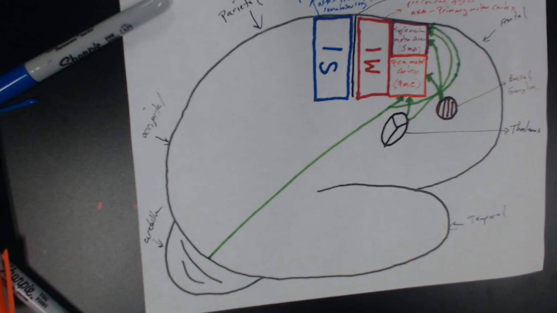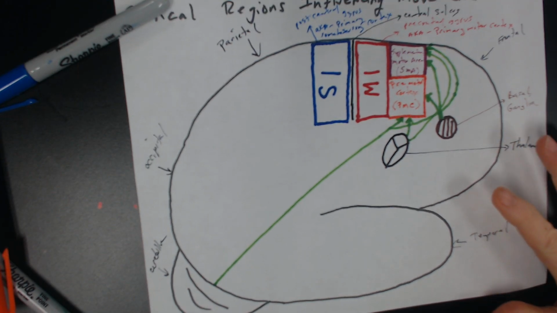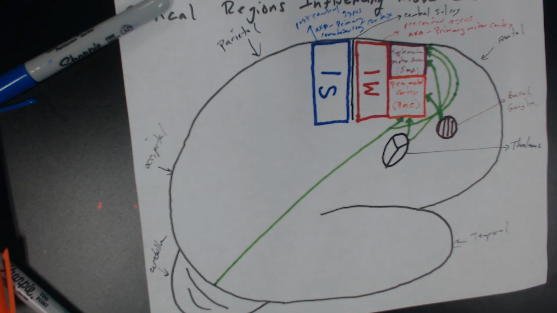So you have information coming from the thalamus, all sensory information coming in. You have information coming from the basal ganglia, which are involved in initiation and modulation of movement, essentially, and you have information coming from the cerebellum, in other words, where all your joints are in three-dimensional space without you even being aware of it.